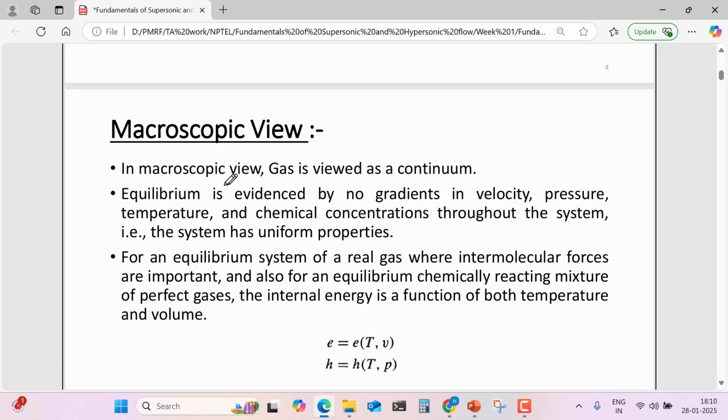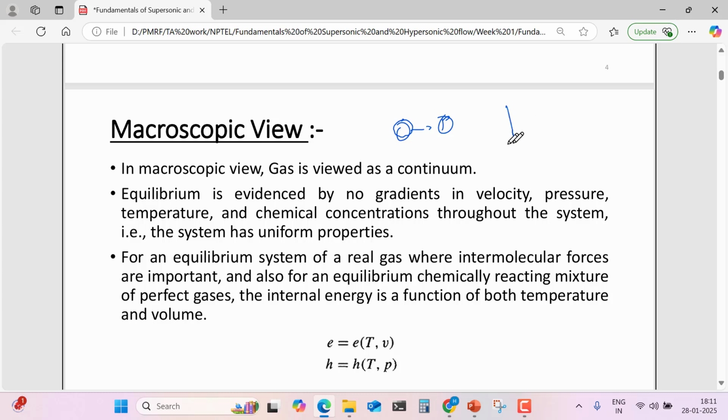In the macroscopic view, the gas is viewed as a continuum. In continuum, we see a collection of particles or atoms, and this collection of particles is chosen such that its density remains constant.